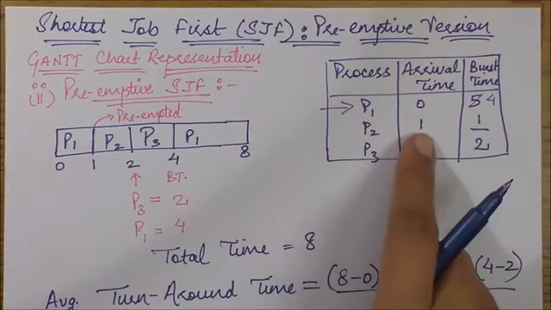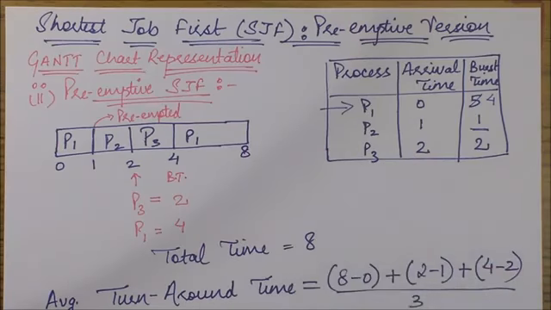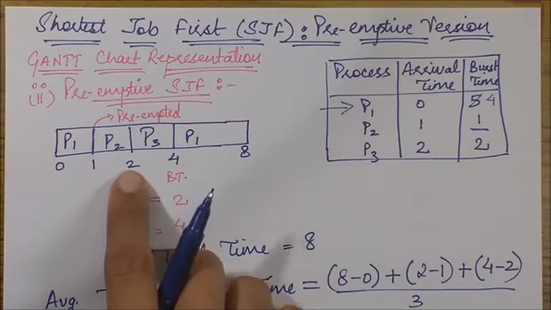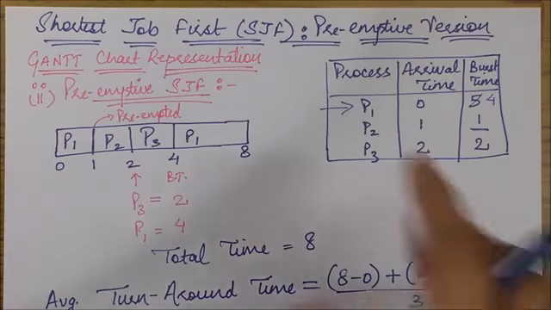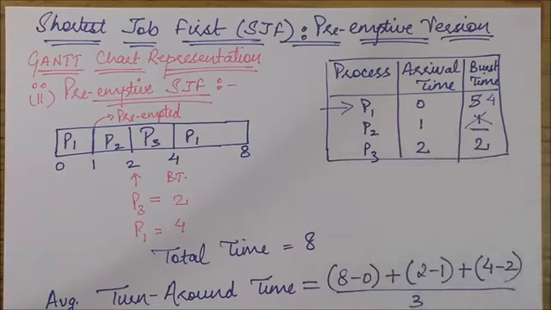Again after 1 time instant P3 arrives, but P2 completes its work at time instant 2, so there is no decision to make with P2 because it just completes and is out of the picture now. So I'm just putting a cross over here.